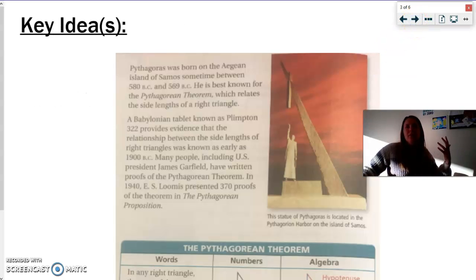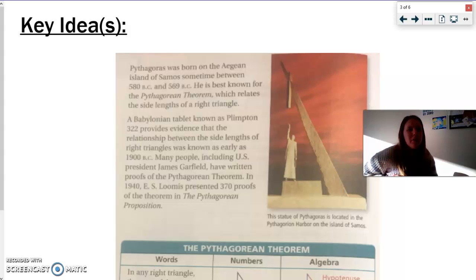Well, we've got to get to what is this Pythagorean theorem and who is Pythagoras. So Pythagoras, who this theorem is named after, was born on the Aegean island of Samos sometime between 580 BC and 569 BC.